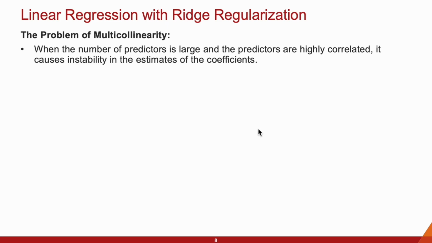They are highly dependent on each other. So the neuroimaging data that we extract from these brain regions are highly correlated to each other. And when we have highly correlated data, it can create instability in the estimates of the regression coefficients, and this instability can lead to inflated variances, making the model more unreliable and less generalizable to new data.